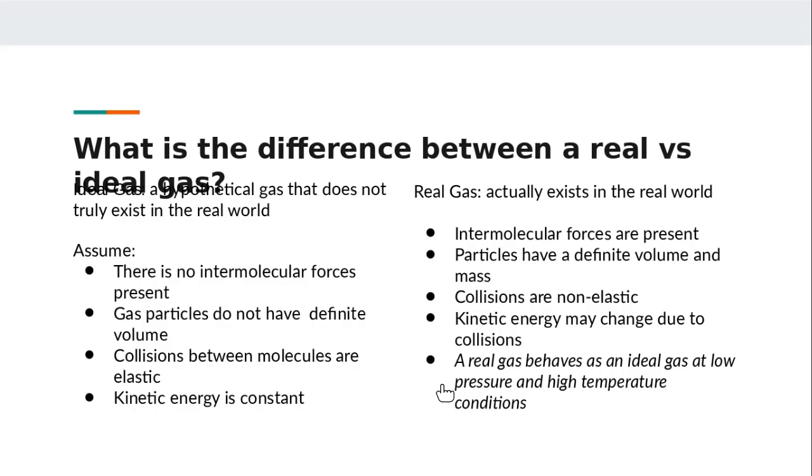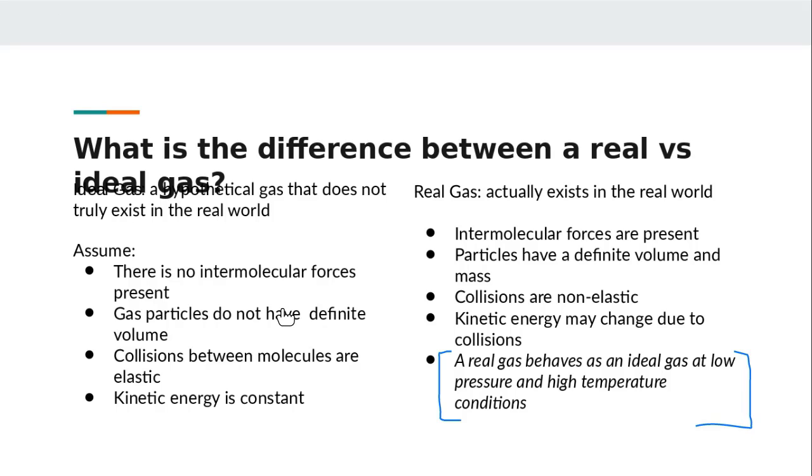Another important thing to keep in mind is that real gases behave most like ideal gases at low pressures and high temperatures. Can anybody guess why that is? So why do real gases behave like ideal gases at low pressure and high temperature? Yeah, so like Joanne said, at low pressures and high temperatures, they're farther apart, right?